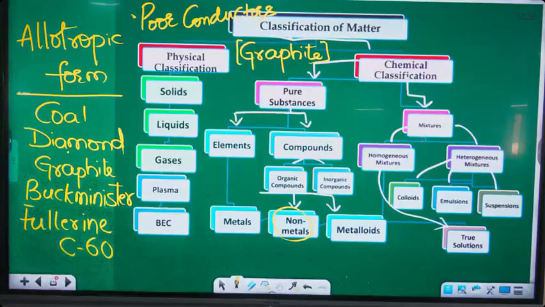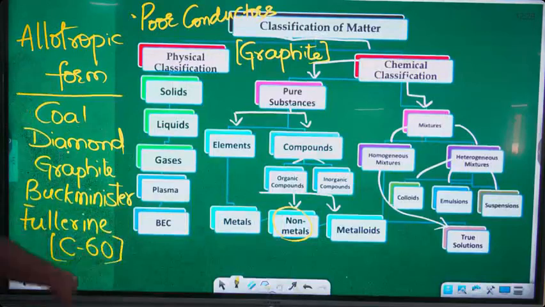Carbon exists in 4 different forms: coal, diamond, graphite, and Buckminster fullerene. In brackets you can write C60. Right. Now this is about the case of non-metals.